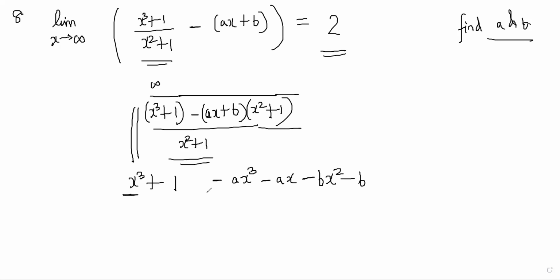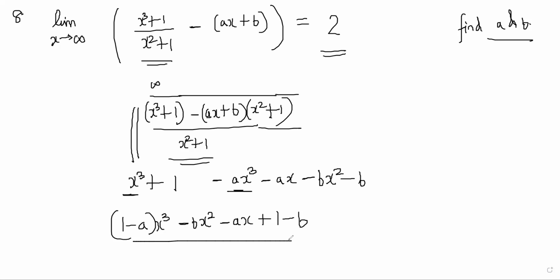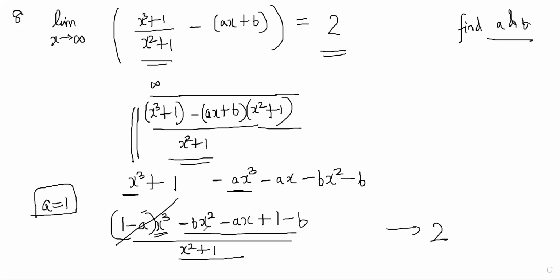So clearly this and this should cancel out. 1 minus ax cube should be 0, right? Minus bx square minus ax plus 1 minus b by x. This is my whole thing, and the limit can never be 2 if I have a cube term. So a must be 1, and if a is 1, then this term goes away, and this is my final question, right?